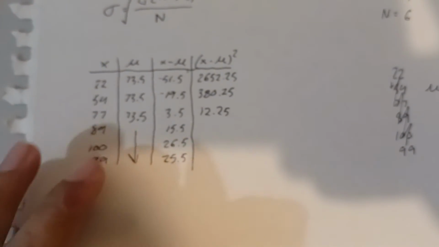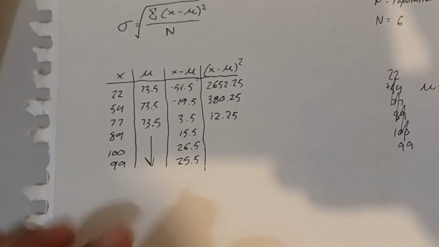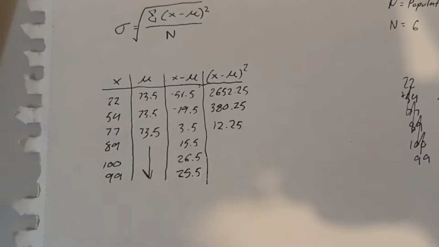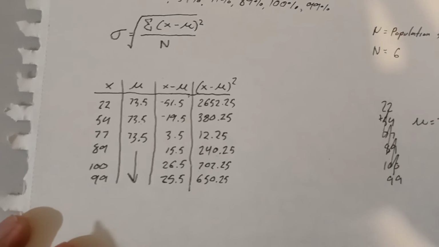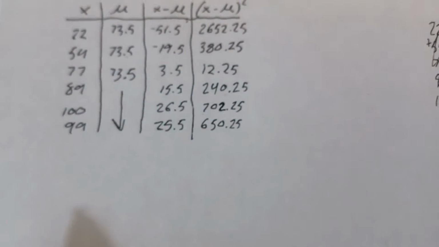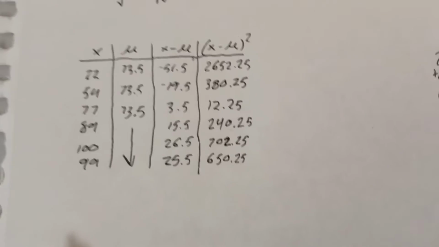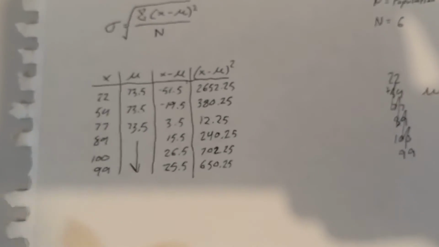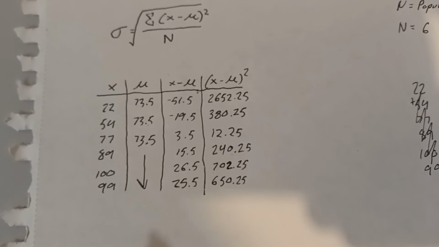Keep doing that for all of the values that you see here, kind of just like I did right here, and we'll see what we got. All right, so this is what I got: 12.25, 240.25, 702.25, and then 650.25. So that's what you should have gotten for our column of x minus mu squared.